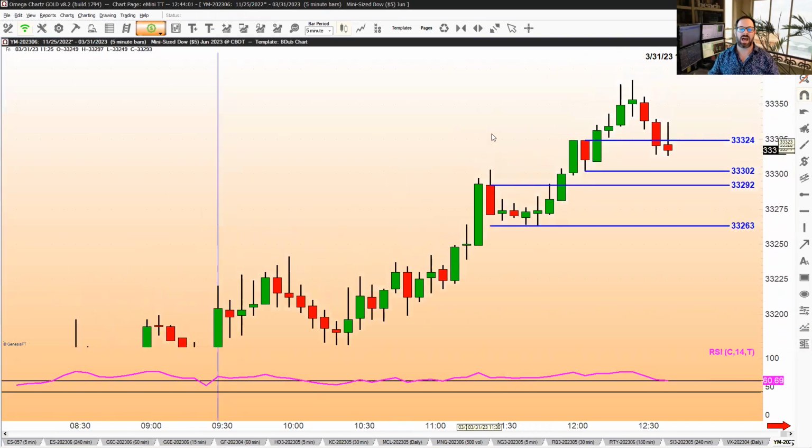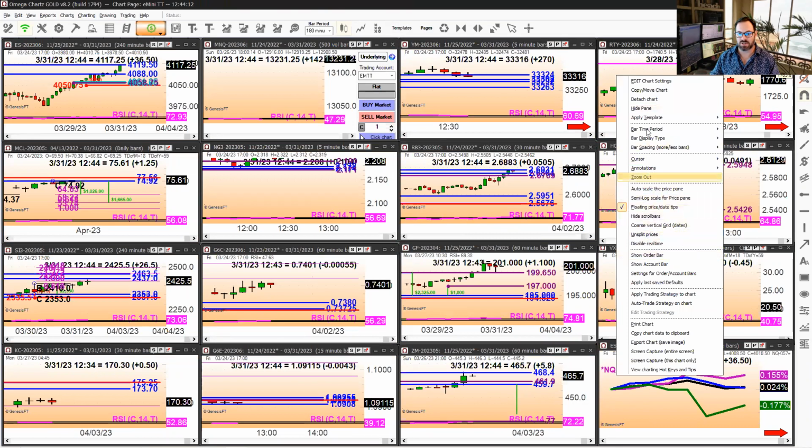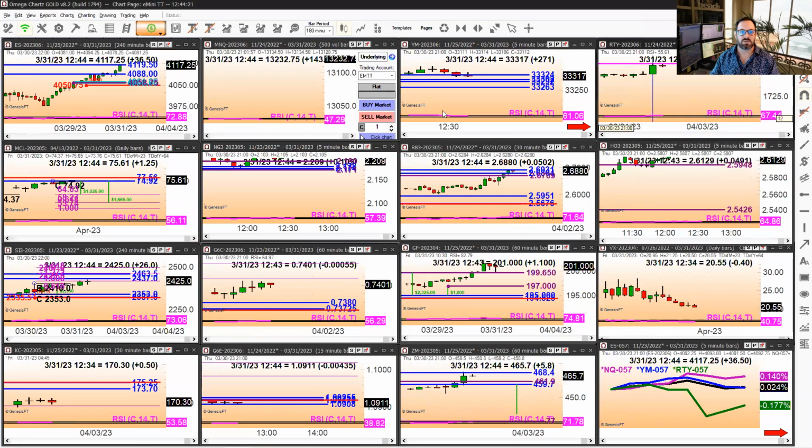Now, let me show you what happened the other day, because there's a great example of this with basically gaps. So what I'm going to do here is something a little different. I'll just go ahead and copy this chart, and create a new chart page.